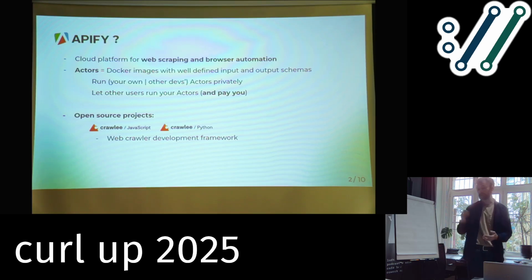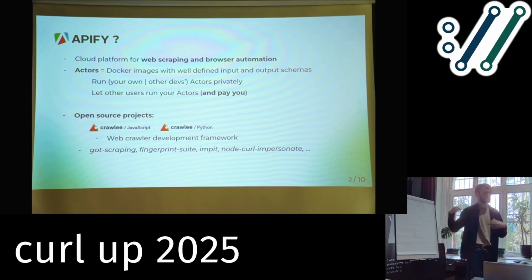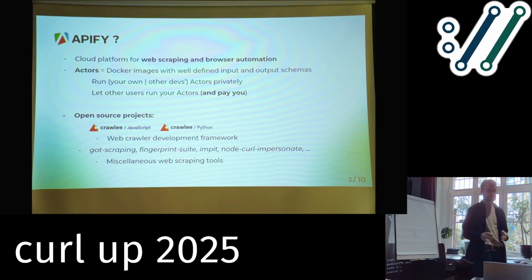So we created a framework. It's on GitHub. You can check that out. But then we also have a lot of tools that help us with scraping, like miscellaneous web scraping tools. Some of them I'll mention further down in the presentation.